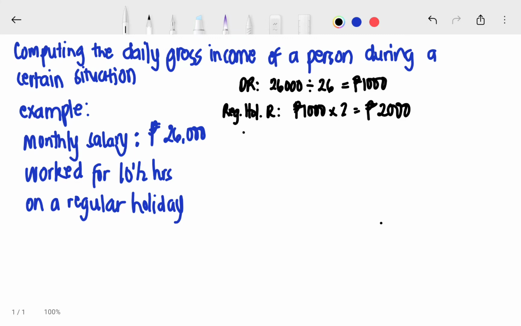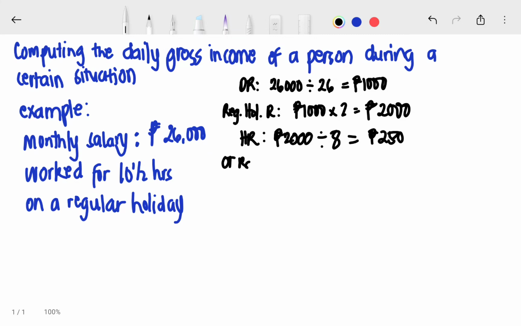Okay? So, the hourly rate, of course, simply 2,000 pesos divided by 8. And what is that 2,000 pesos divided by 8? So, the hourly rate of that person is 250 pesos. Okay? So, sa 250 pesos na yon, dyan tayo kukuha magkano ang magiging overtime rate ng tao na yan.